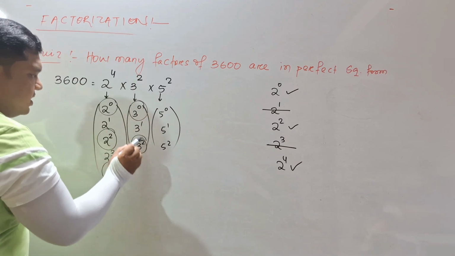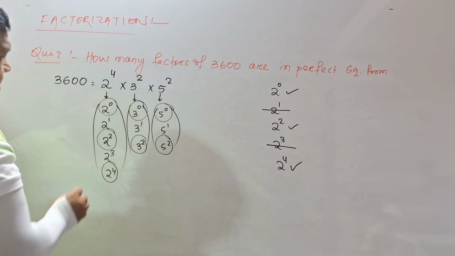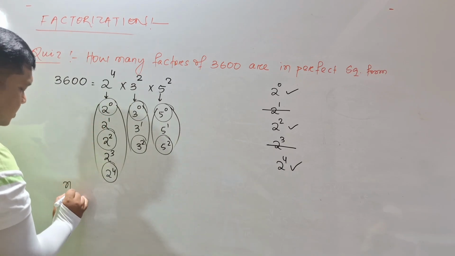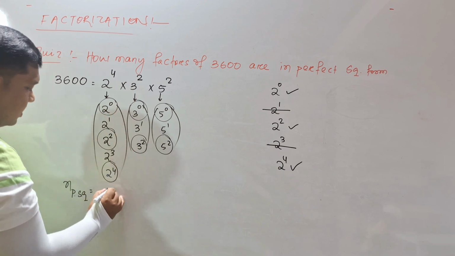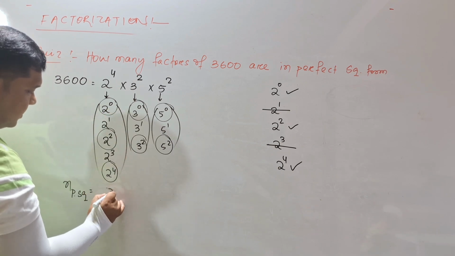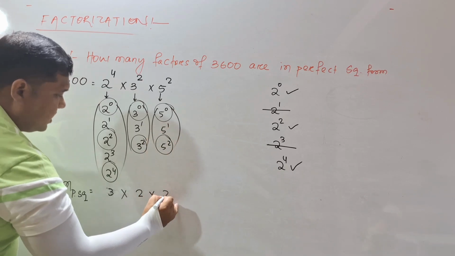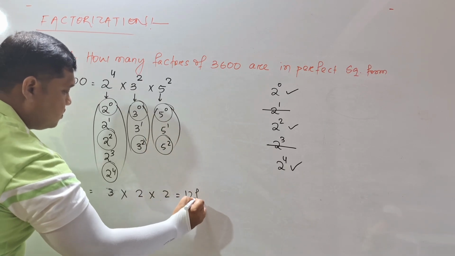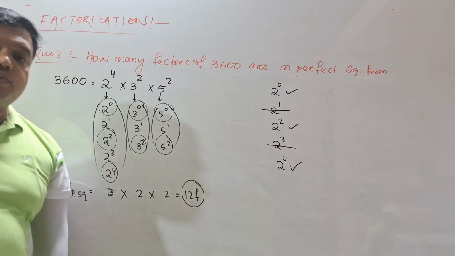No need to do this, I will give you the observation, give you the formula. So the number of factors in perfect square form: in the first bracket 3 elements are there, in the second bracket 2 elements, in the third bracket 2 elements. So total is 12 factors in perfect square form.